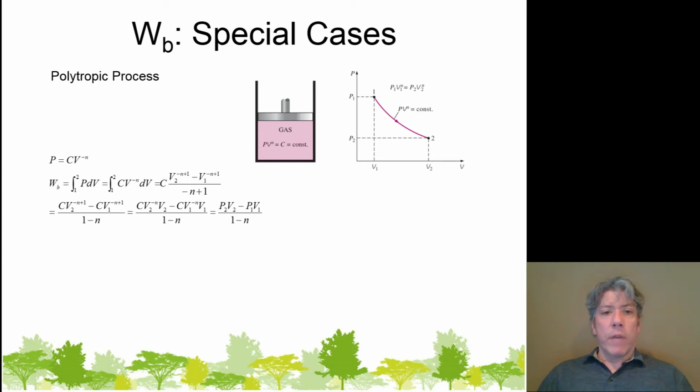Now, if we rearrange things a little bit, we could distribute the constant through both terms in the numerator, and flip the denominator around because I hate to lead with a negative sign. It doesn't matter. It's the same thing, 1 minus n instead of negative n plus 1.